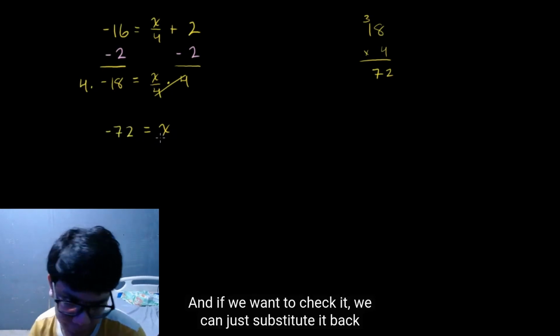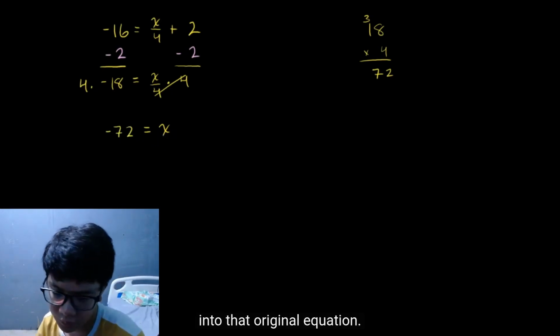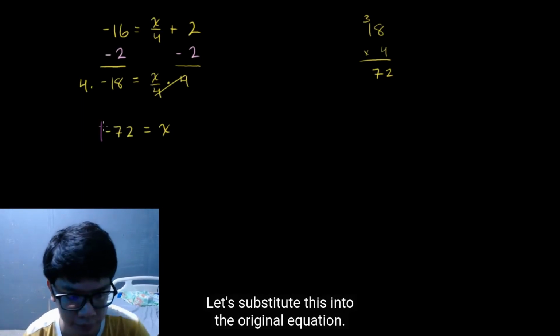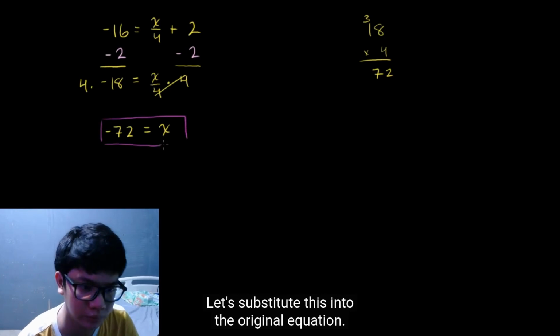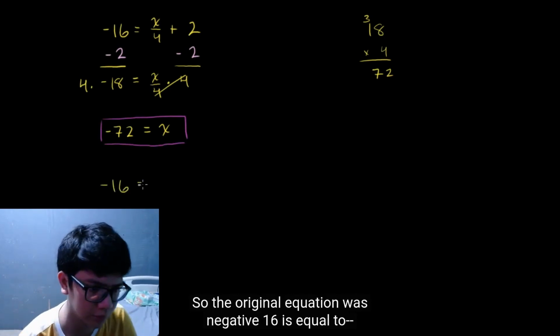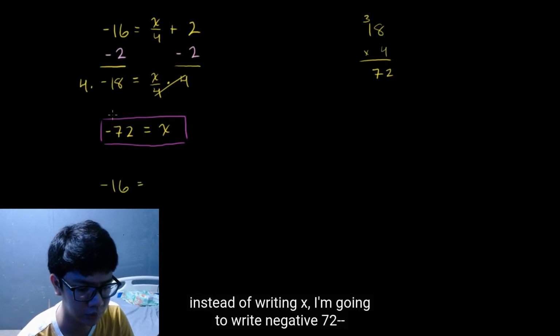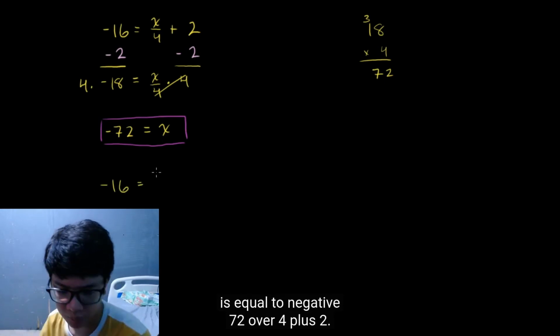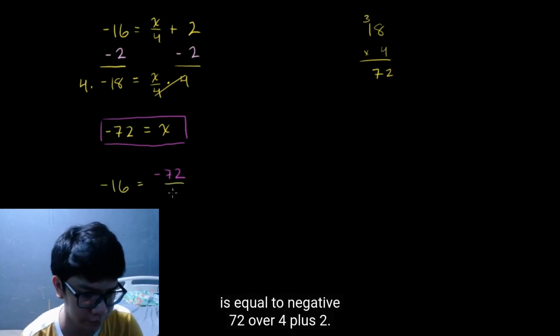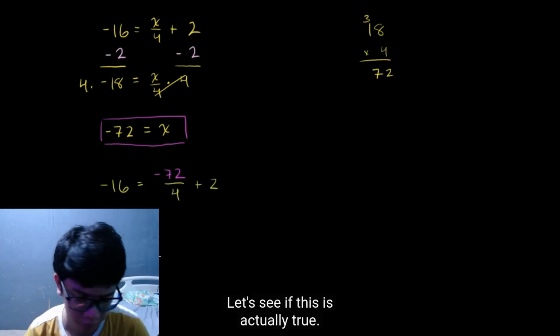And if we want to check it, we can just substitute it back into that original equation. So let's do that. Let's substitute this into the original equation. So the original equation was negative 16 is equal to, instead of writing x, I'm going to write negative 72, over 4 plus 2. Let's see if this is actually true.